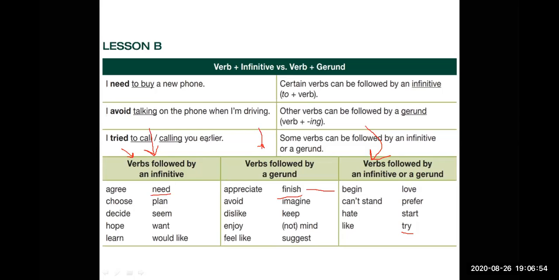If you are going to use a verb from the second box, I have to use a gerund following that verb. I finish working. I keep trying to learn English. Okay, ing. And if you use a verb from this group, you can use gerund or infinitive. I like eating pizza. I like to eat pizza. So it's correct in both ways.